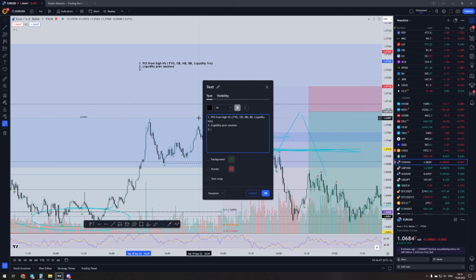Liquidity build that doesn't have anything to stop the price when it goes to opposite direction.